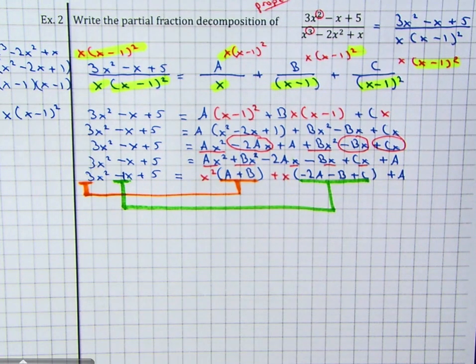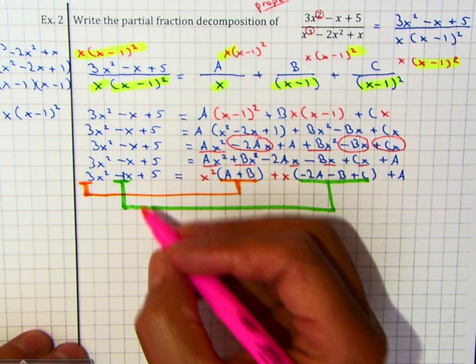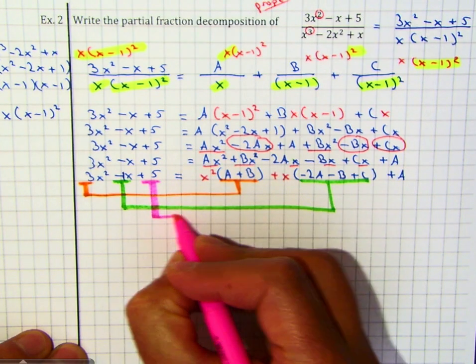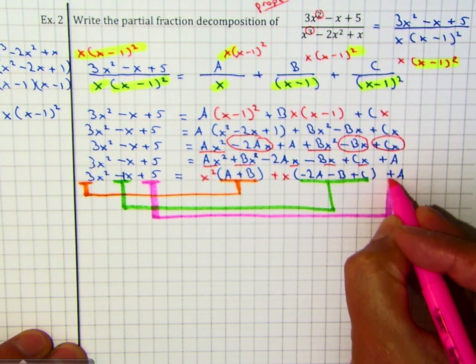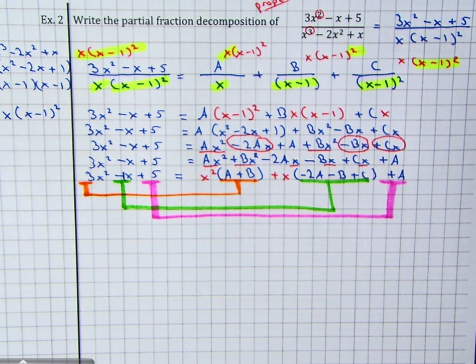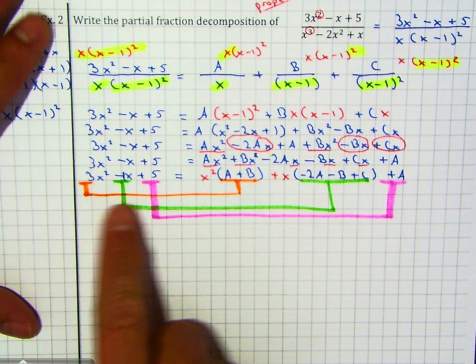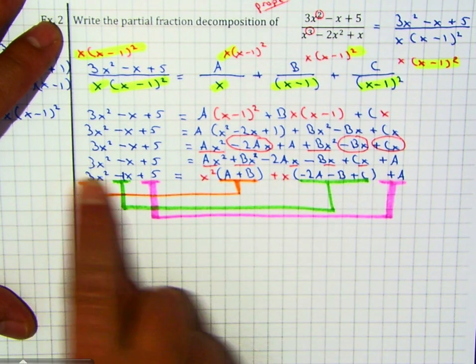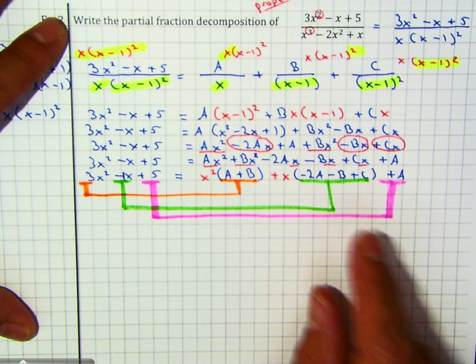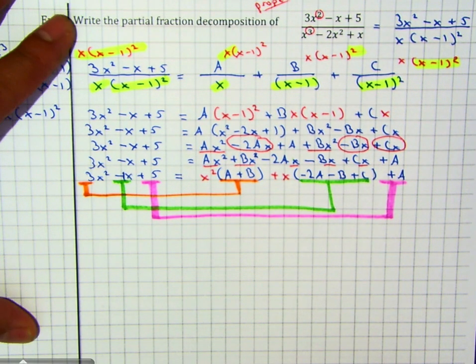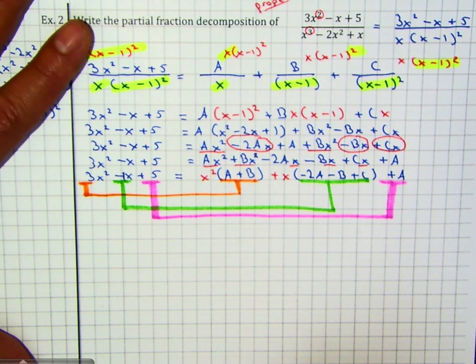And last but not least, my 5 should be equal to a. So if these expressions are equal to each other, then I can pair them up. And this is something that you see, this type of expression, in your ACTs. Sometimes it's worded slightly different, but the process is the same.